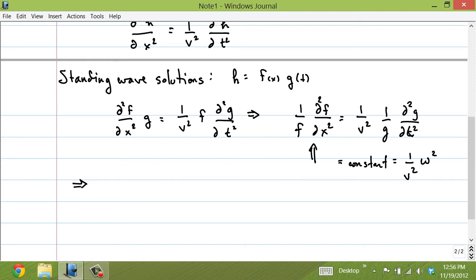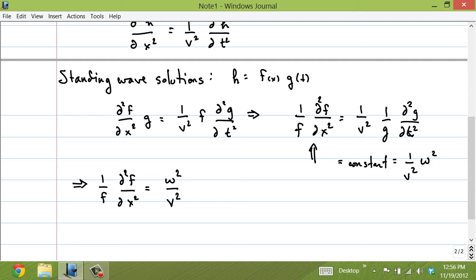For example, the equation that 1 over f times the second derivative of f with respect to x squared is equal to a constant divided by v squared is easy to solve. This is the standard second-order differential equation whose solutions are sines and cosines.